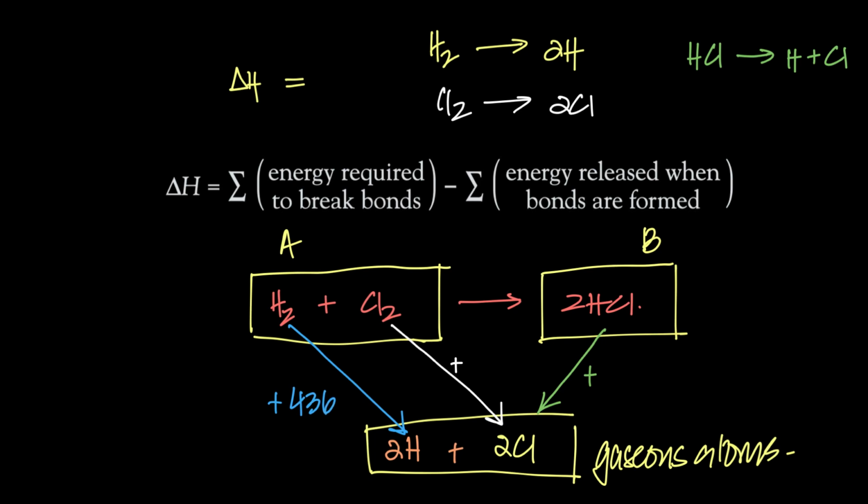The bond energy of chlorine, Cl-Cl, is 242. And the bond energy of HCl is 431. So this one is 431 times 2, because 2 bonds have been broken.